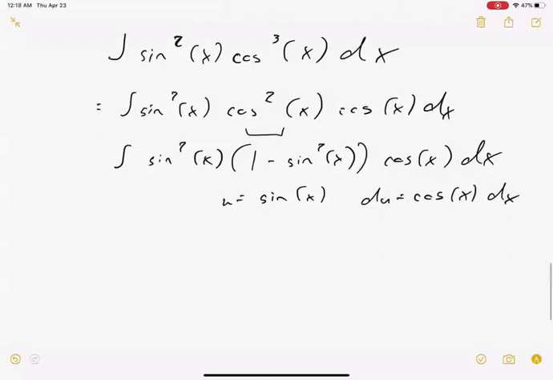Okay. And my integral becomes, my sine squared becomes u squared. My 1 minus sine squared becomes 1 minus u squared.